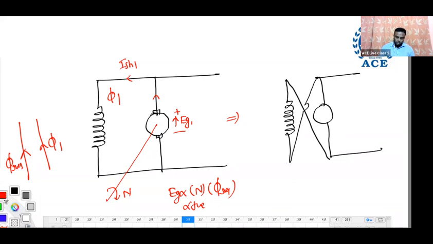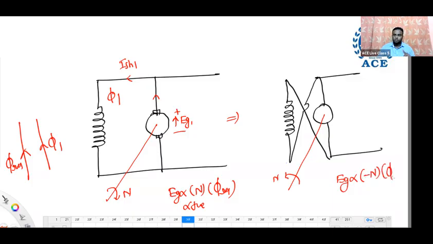When direction of rotation is reversed, let us take the anti-clockwise direction. What is the EMF polarity now? EMF polarity depends on speed and residual flux. So minus N, as direction of rotation is reversed. Residual flux is not mentioned, so same. So what is the EMF polarity? Negative. Negative means opposite. This is EMF plus minus.